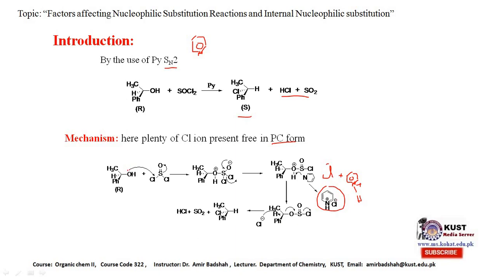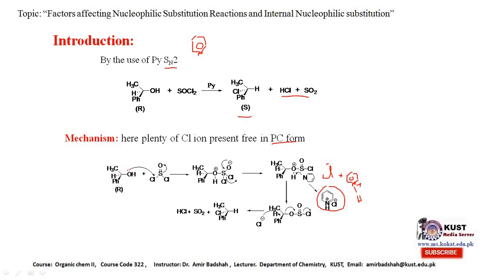But here the chloride ion is much more abundant compared to the previous reaction, so the chloride ion can attack from the back side. By attacking from the back side, this group leaves as sulfur dioxide, and chlorine is also removed.